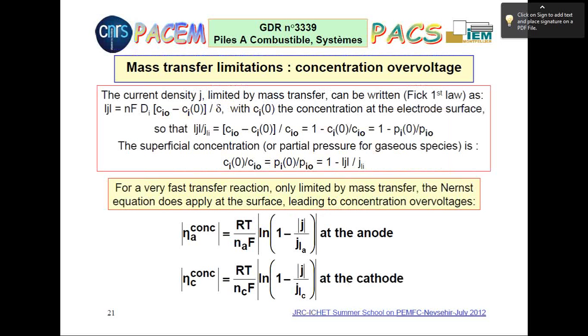And now you can get the limiting current density here. The current density is n F times the gradient.